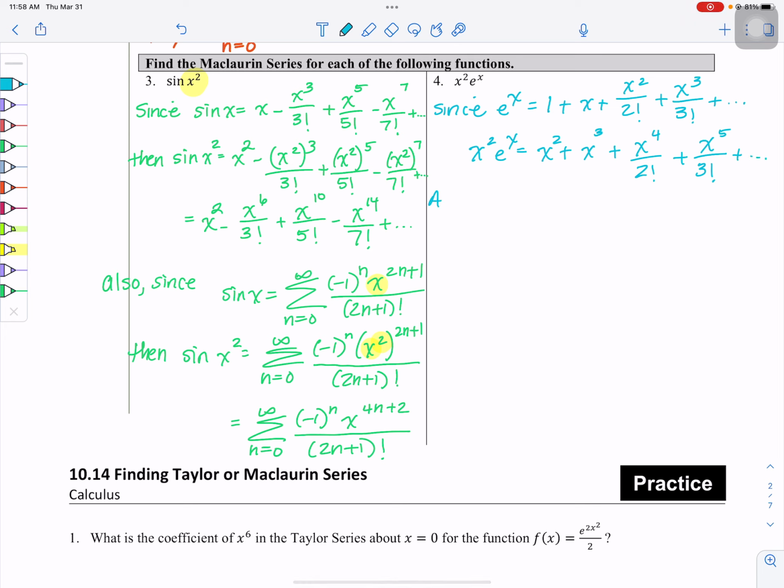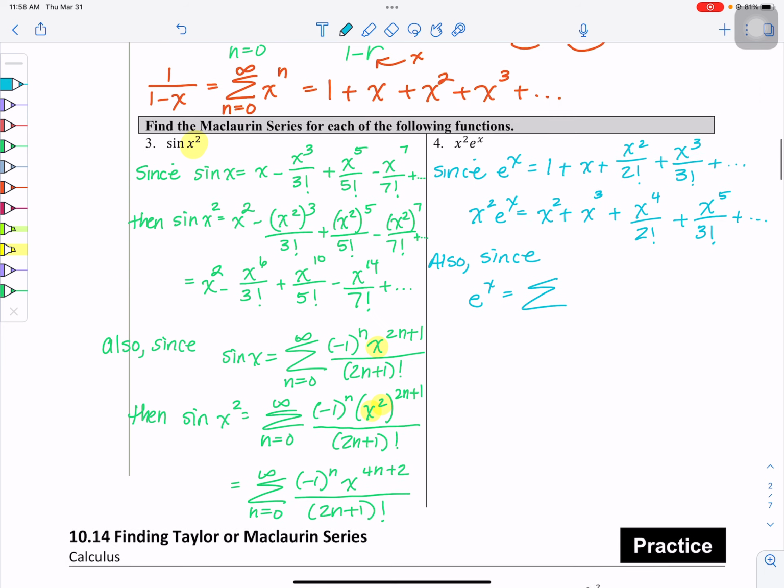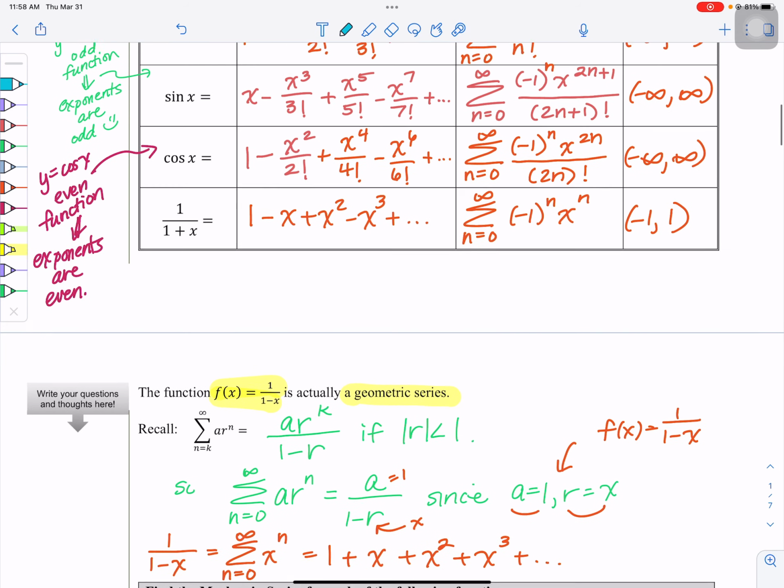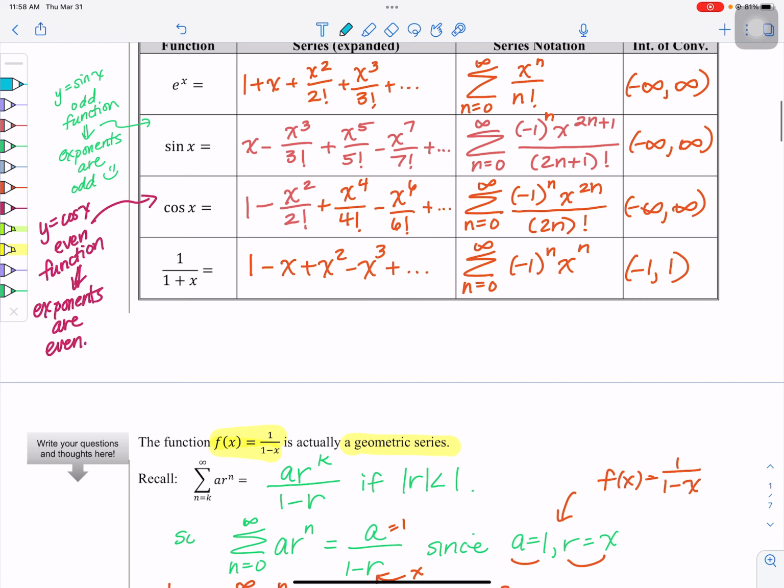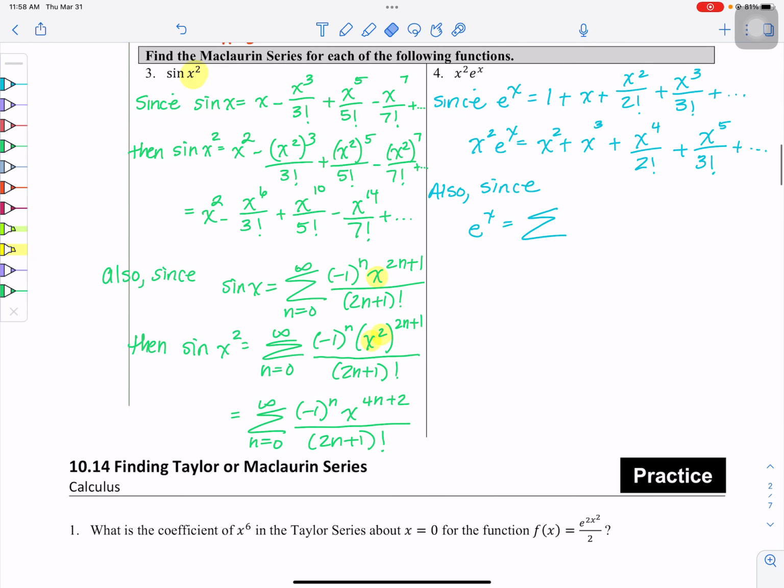Also, since e to the x is equal to, and what did we have for e to the x? We have the sum of x to the n over n factorial.